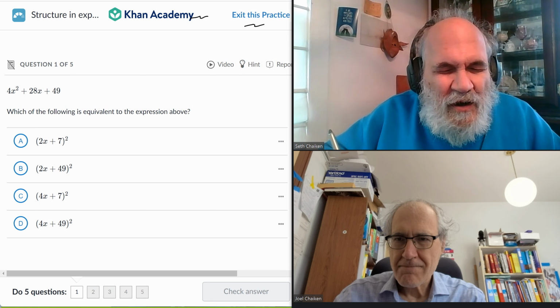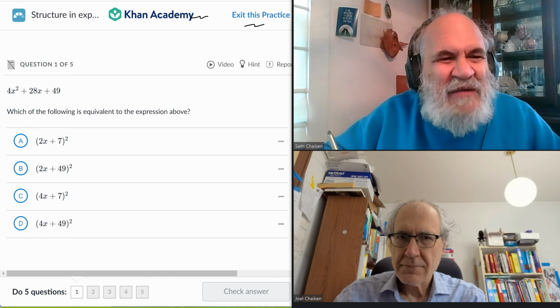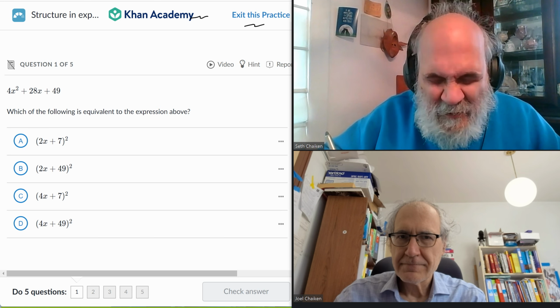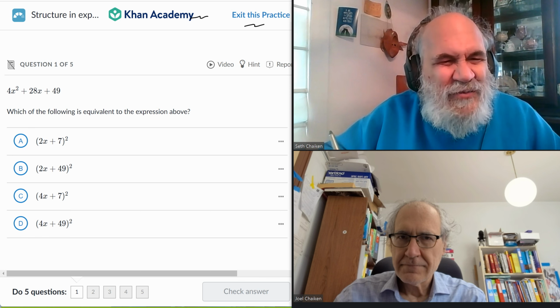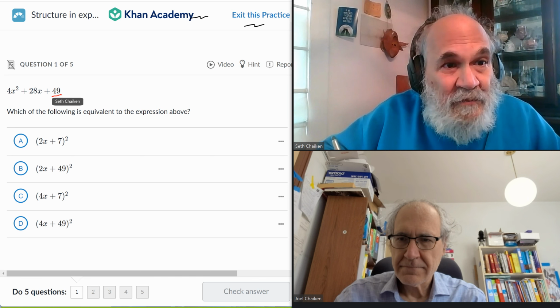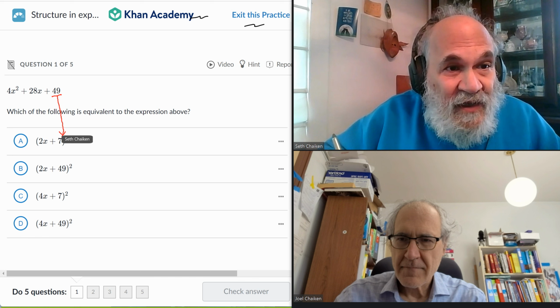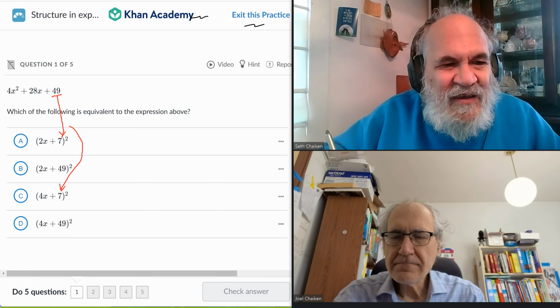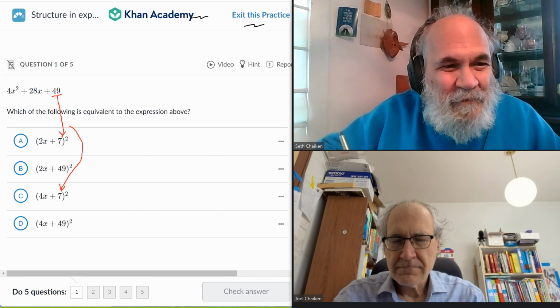The tedious, brute force approach is to apply what you learned about factoring a polynomial, but here's the blast through approach. This 49 means that there must be a 7 as a constant in the factorization.